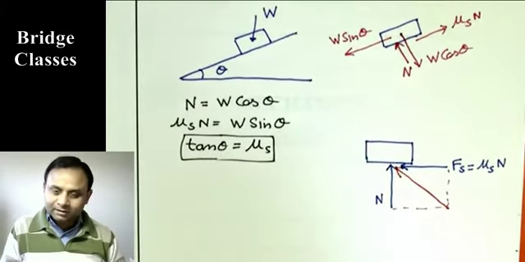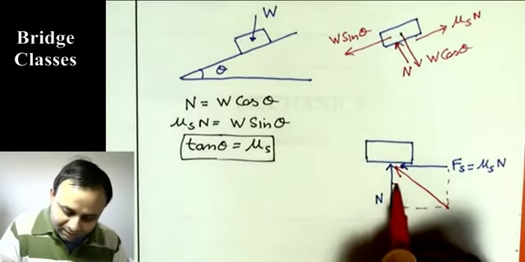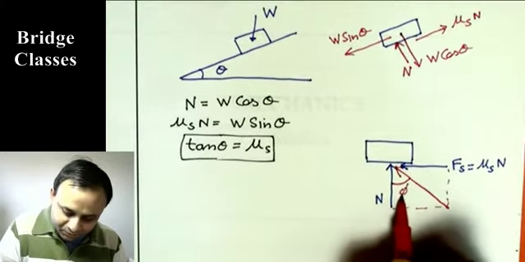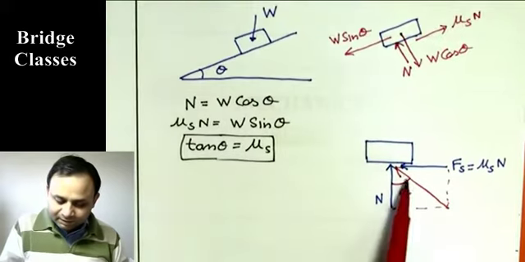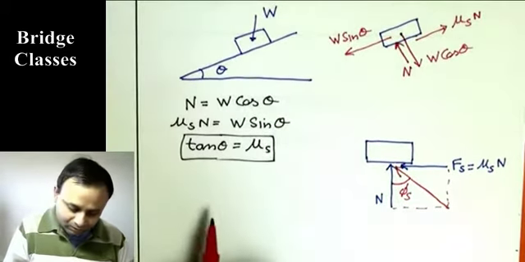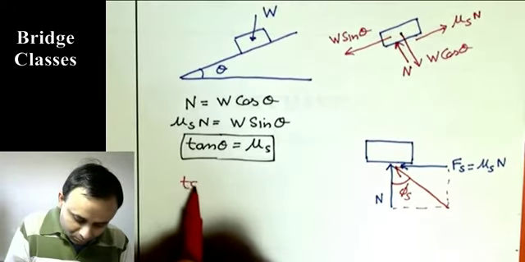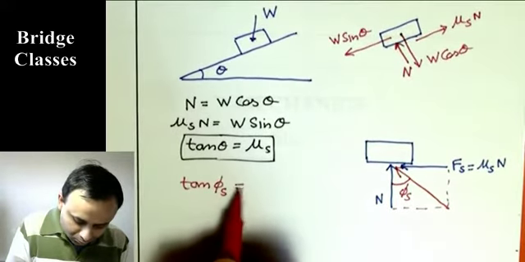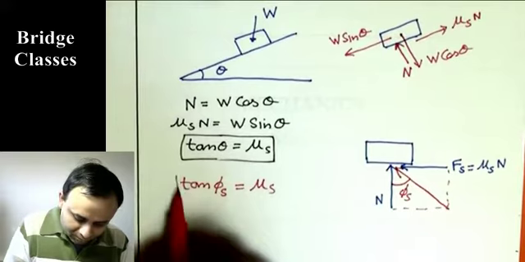And if this angle we say is phi s, you see tan phi s will be mu s N over N. So tan phi s equals mu s.